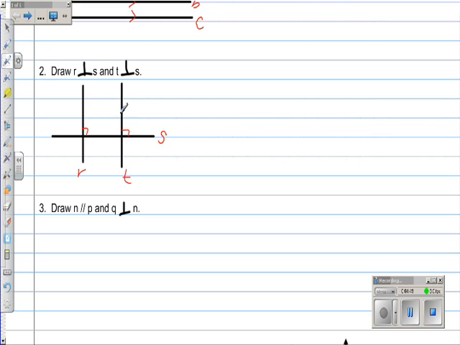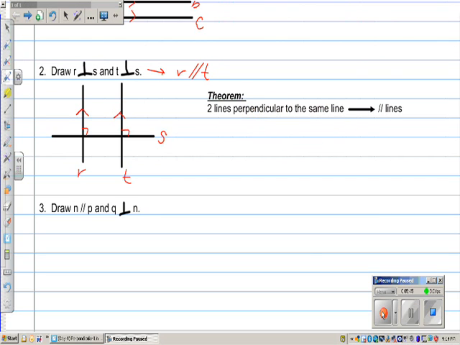If corresponding angles are congruent, then you know that line R is parallel to line T. This tells us our perpendicular transversal theorem: two lines perpendicular to the same line imply parallel lines. So we know R is parallel to T. That would be a reason.